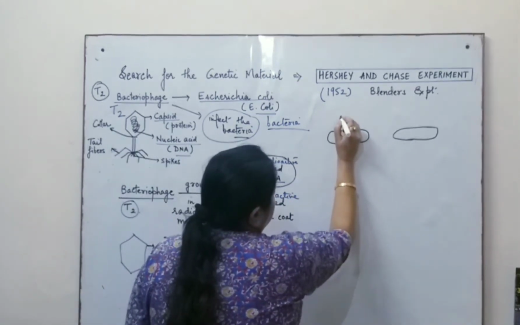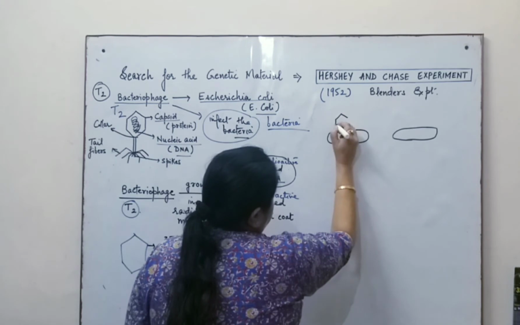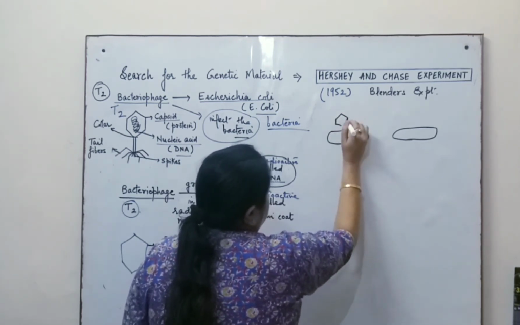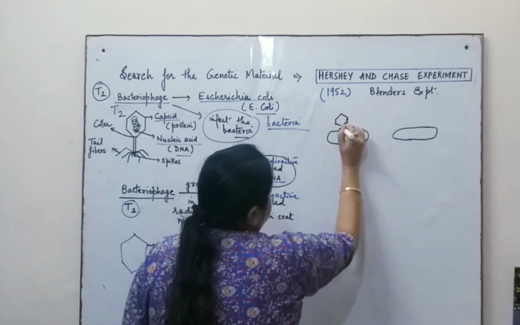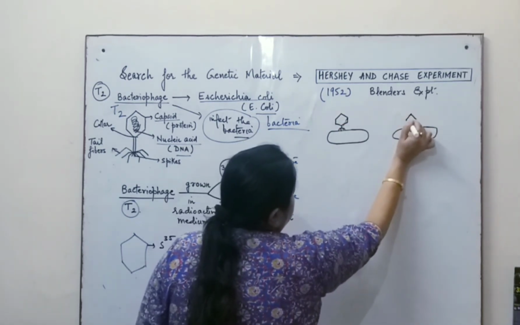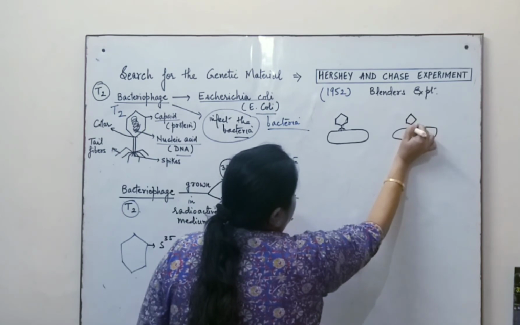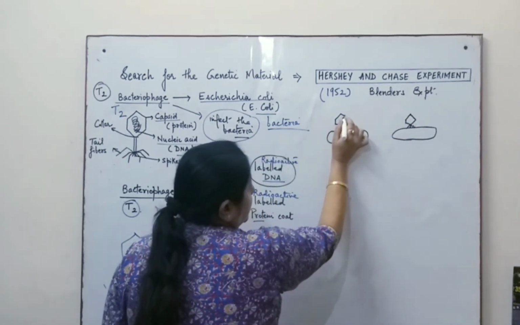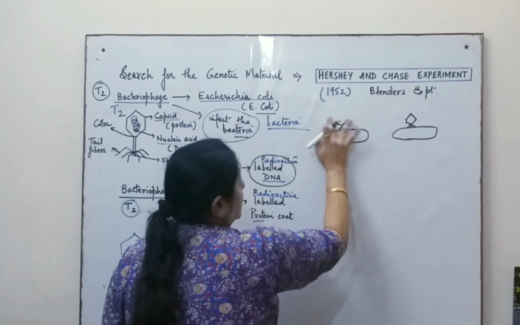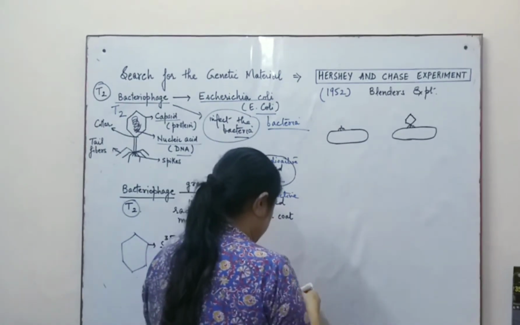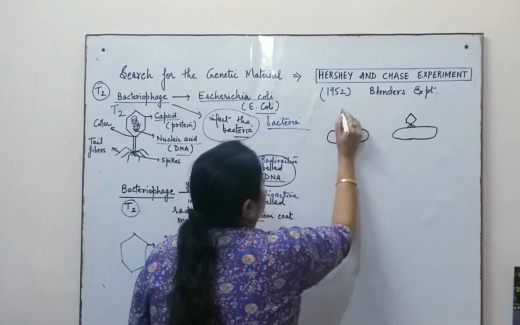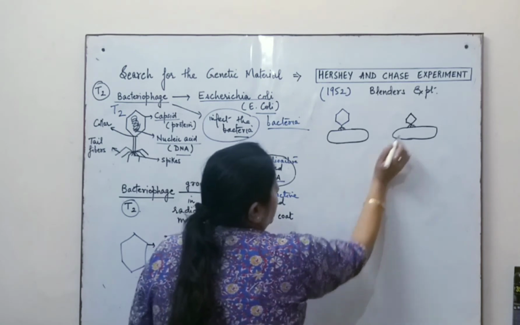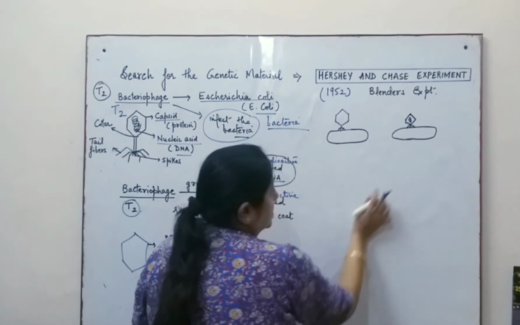So when these two were made to attach to the bacterial cell, one had the protein coat which was labeled, I'll mark it with blue, and the other had the genetic material.